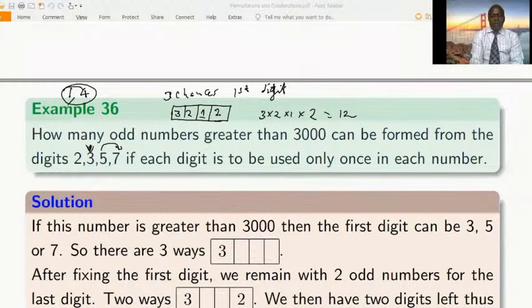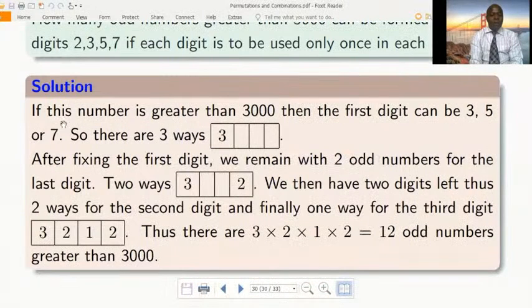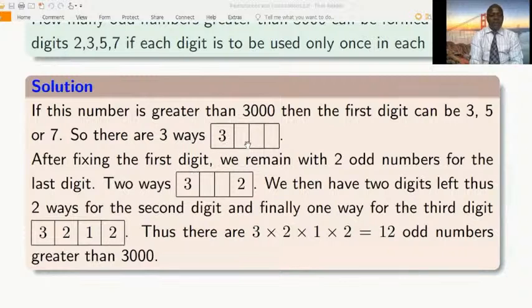And so that's what I've explained here. I've said that in this number, if it is greater than 3,000, then for the first digit there are 3 ways, so I've written 3. The first digit has been fixed. Then the last digit has 2 chances, so it could be 5 or 3, or if the first one was 7, then it will be 5 or 3.